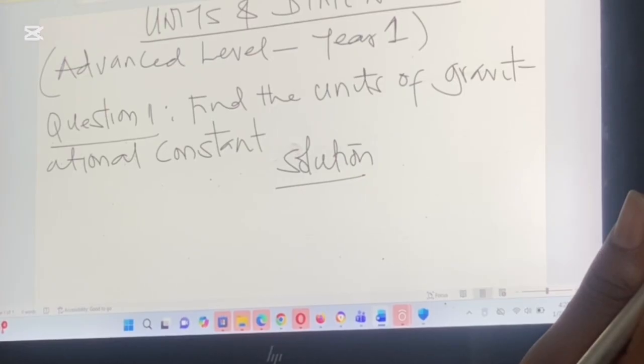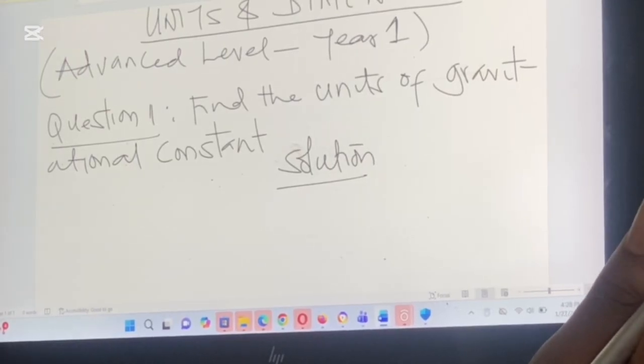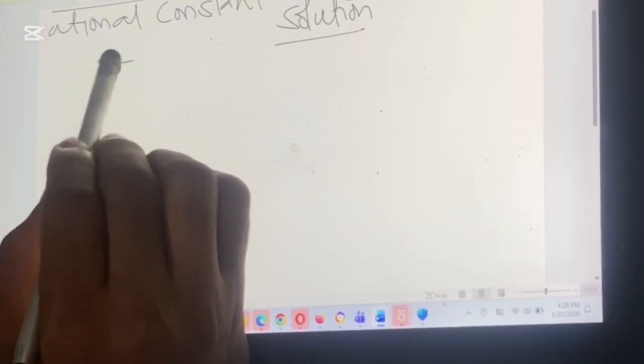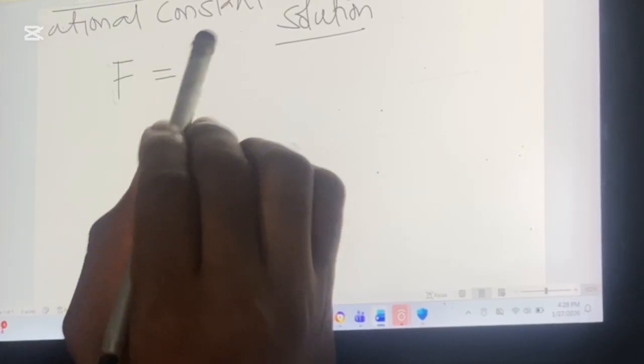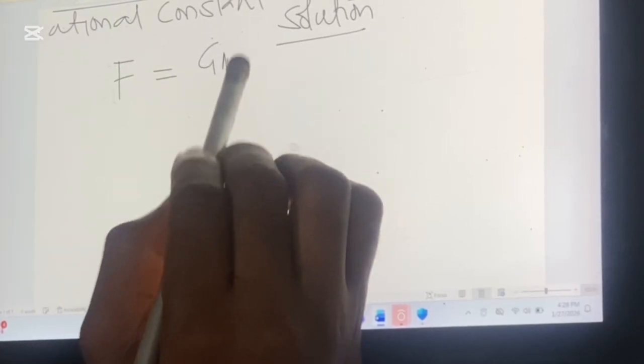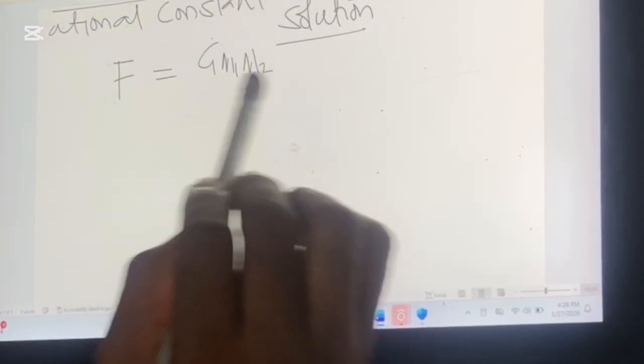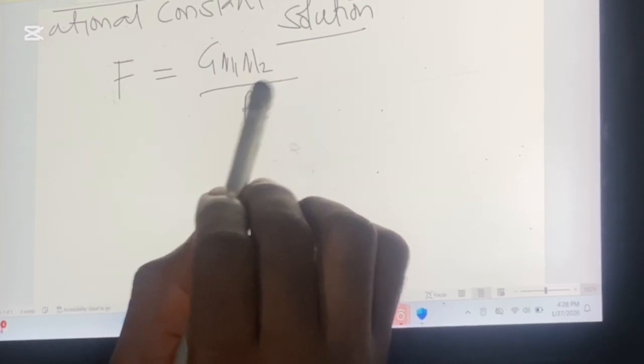The only formula we can get for gravitational constants is from gravitational force. And the formula for gravitational force is this. That is F is equal to G M1 M2 over R squared.